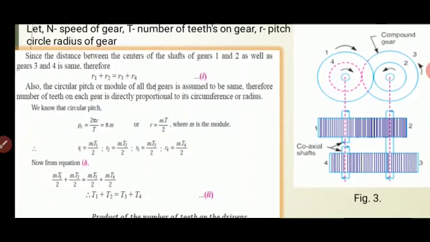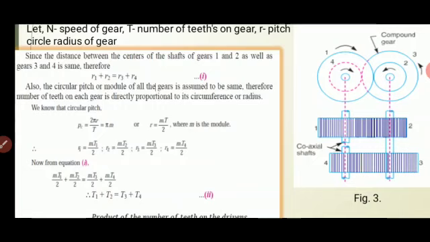It is clear from the sketch that the center distance of gear 1 and gear 2, the distance between the two centers of the gears, can be written as R1 plus R2, and similarly for gear 3 and gear 4 it can be written as R3 plus R4.